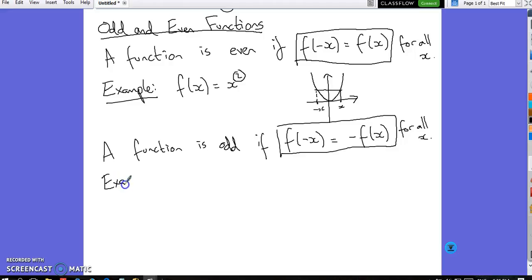So an example of this would be f of x is x cubed, because then if I take negative 2 cubed, I get negative 8, positive 2 cubed, I get 8, and so f of minus 2 is equal to minus f of 2. So for any odd power function, they're all odd because this holds.